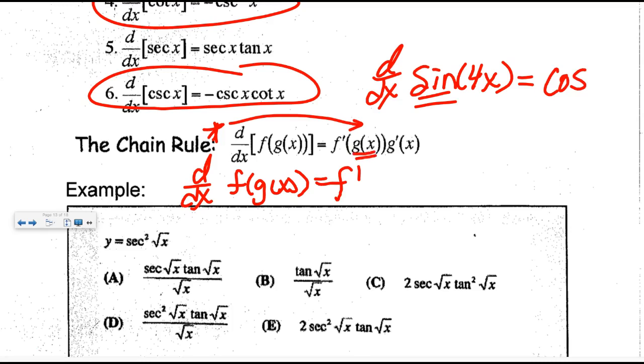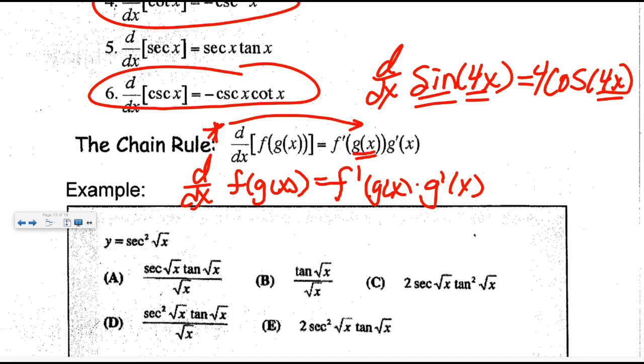We keep the guts intact, so I'd say 4x. So on here I'd say g of x times the derivative of the guts, so times 4. So the formal definition is really, really important.